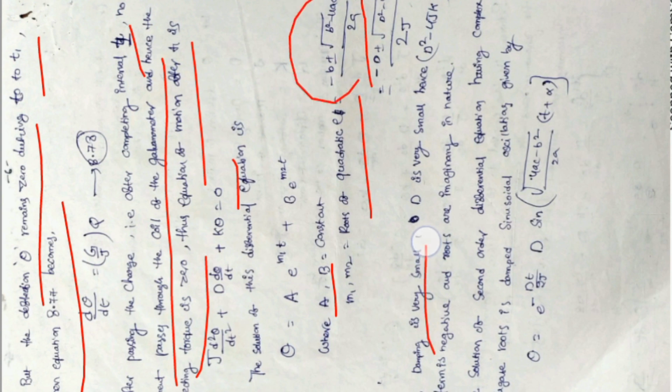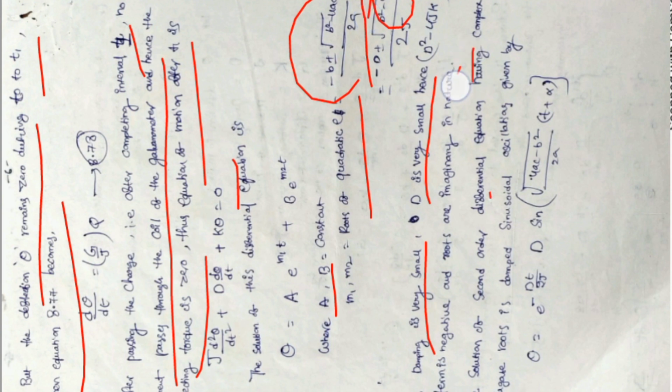As the damping is very small, the damping torque is very small, because less current flows through the coil, hence the damping torque is also very small. The damping constant is very small, hence D square minus 4JK is negative, so the roots are imaginary in nature.